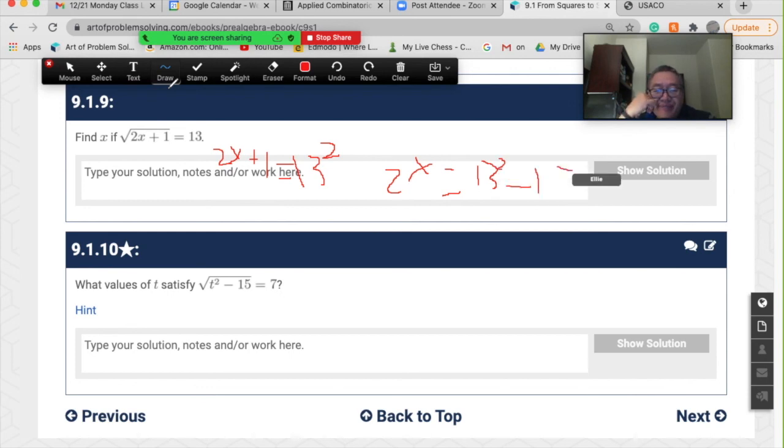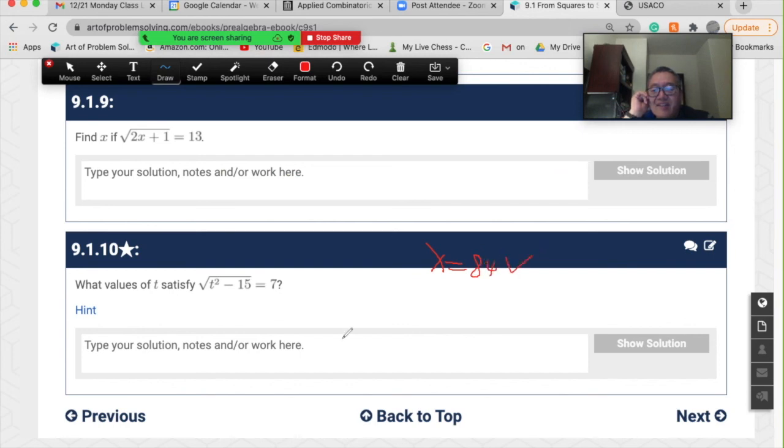Yes. Which equals 168. Yes, very good. And you divide that by 2, and then you get 84. Yeah, you got x equals 84. Yes, that's correct. Very good.